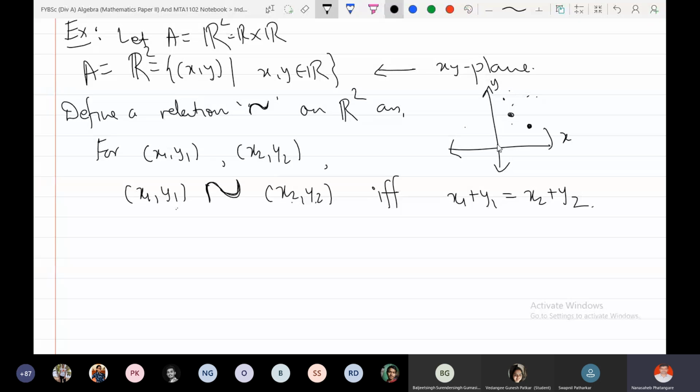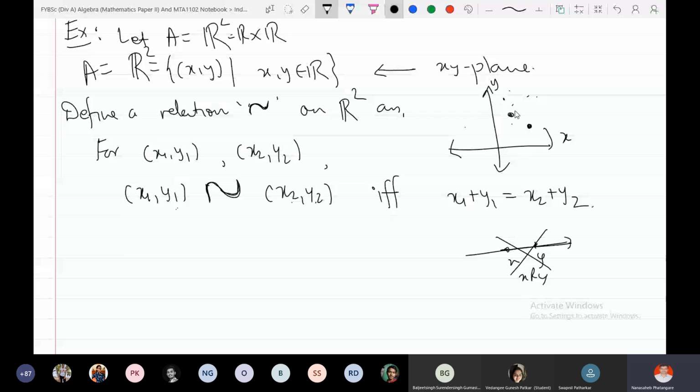In the previous case, our points were on the real line, so I took x and y, and x related to y was a different thing because I was on a line. But now I am in the plane. You can take the plane of your table or paper, choose two points, and the two points are related if the sum of their components is equal.